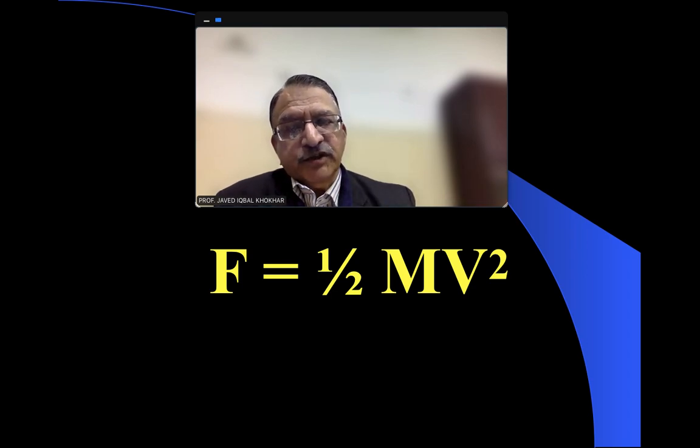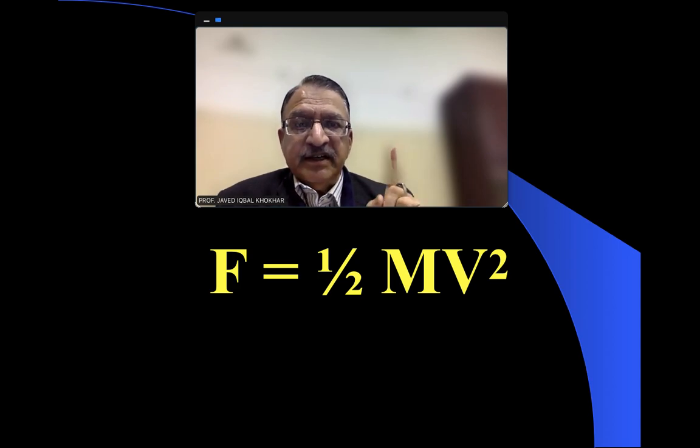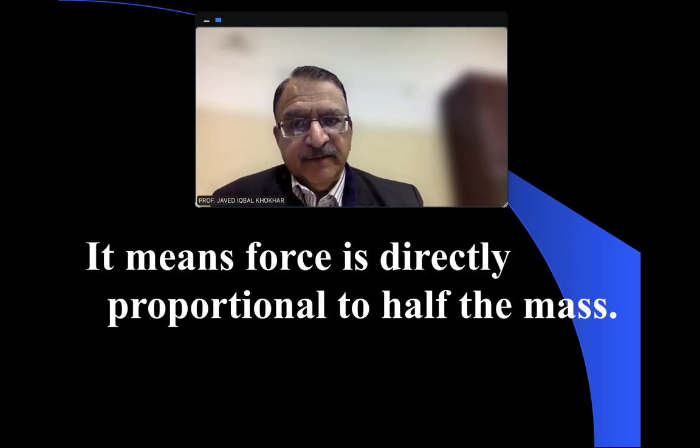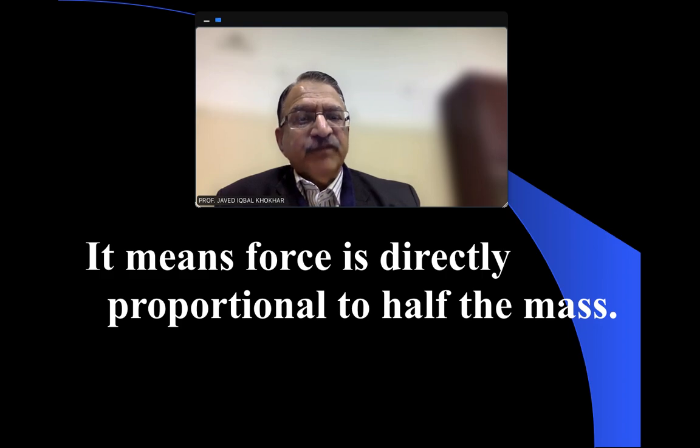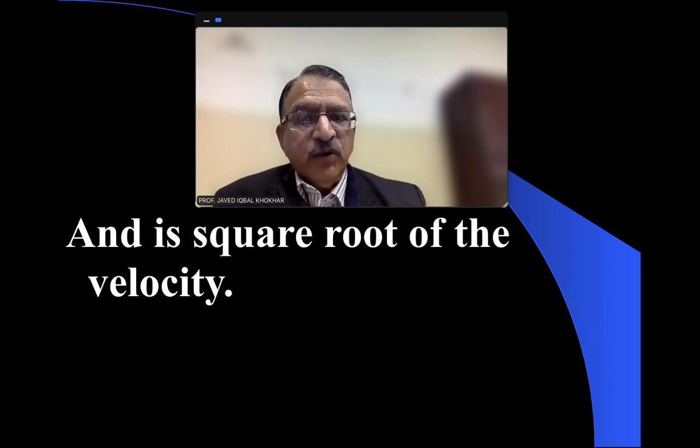So the force in a moving object will be half the mass times the square of the velocity. So simply by increasing the velocity you can produce enormous force. That's how bullets act.